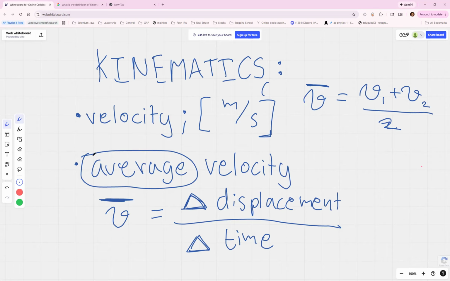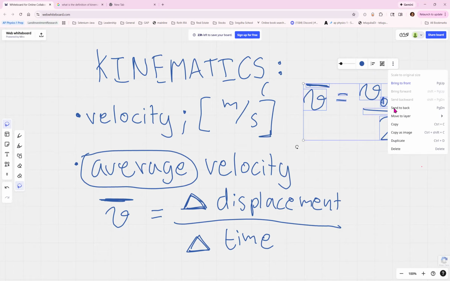It can also be v naught or vf. It really depends on the problem given. But the most important formula for average velocity would be delta displacement by delta time.